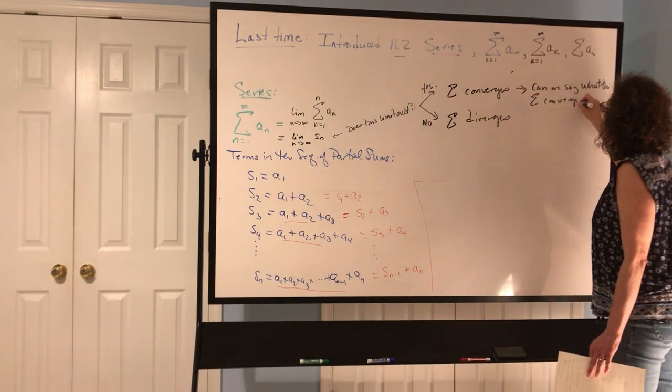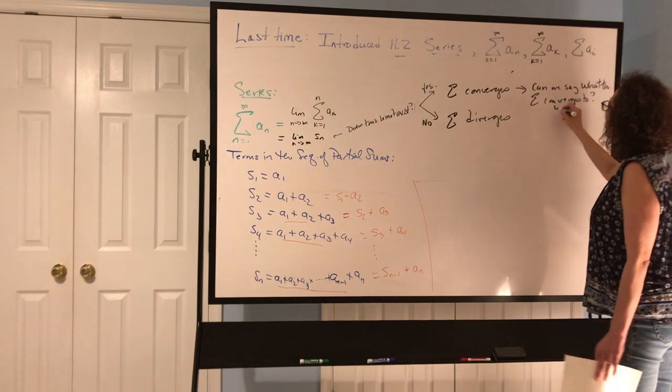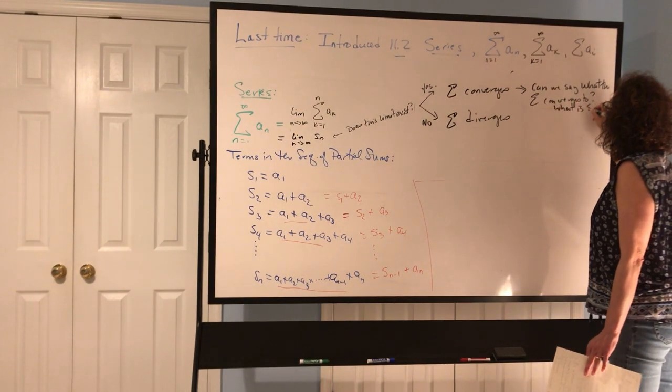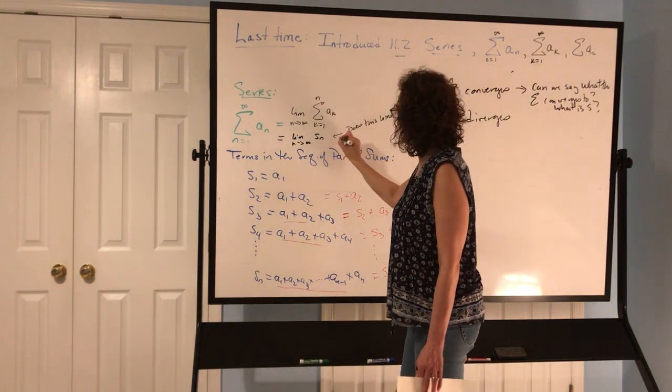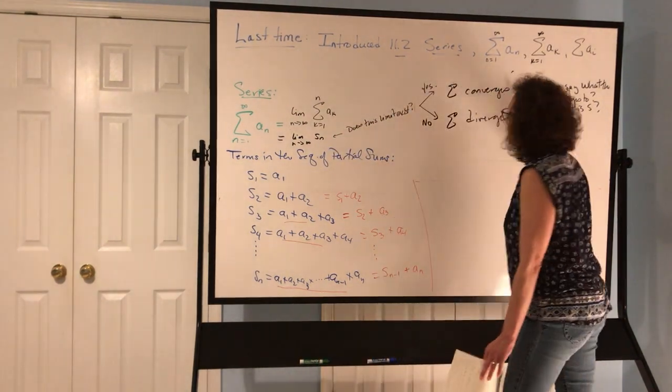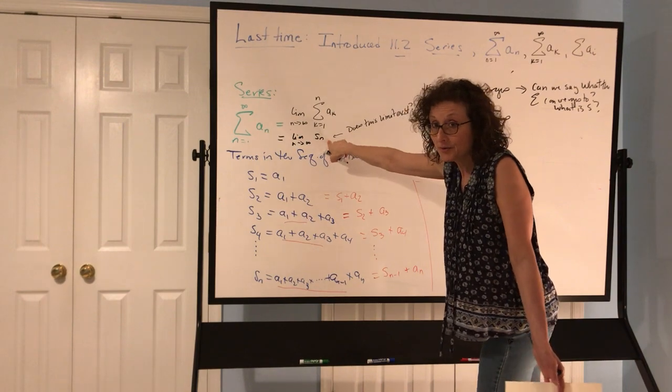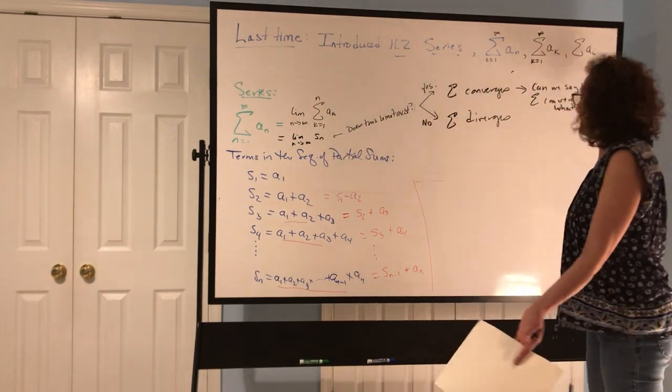What does it sum to? What is S? If this guy is equal to S, then this limit is some finite number, S, and what is it?